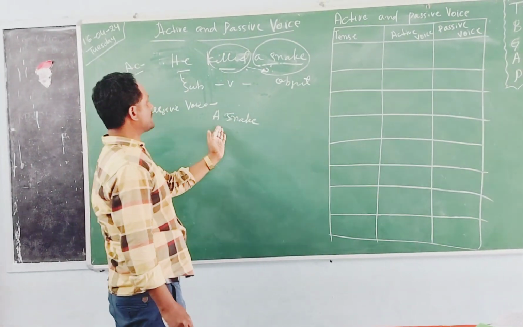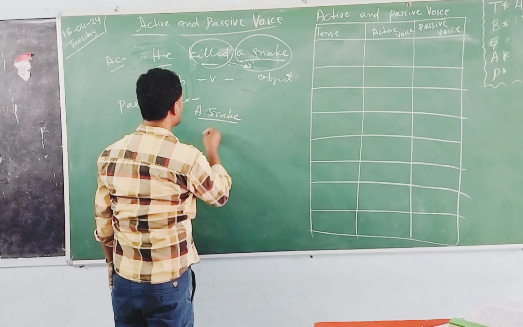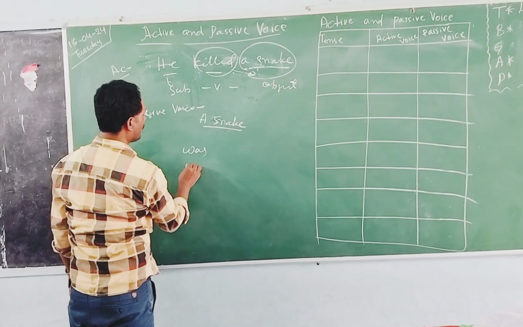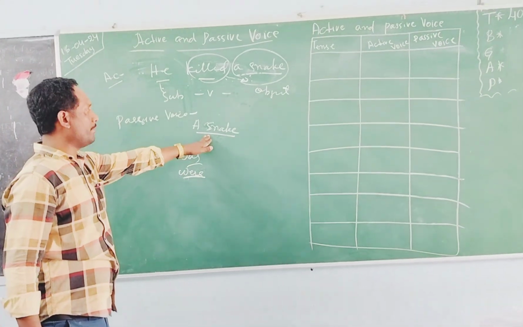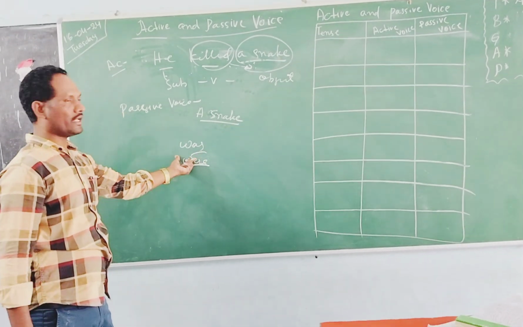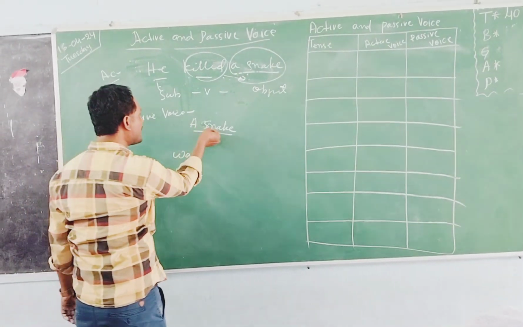When we took the object to the subject place, we have two helping verbs in past tense, was and were. So there should be verb and subject agreement. Suppose the snake is singular, so we have to select a singular helping verb. So we know, a snake was.